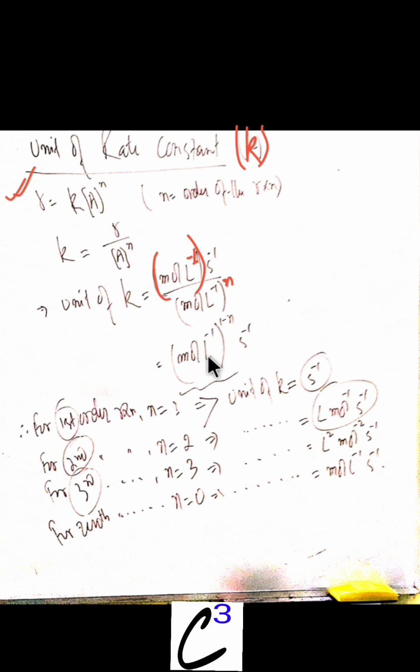So this is equal to (mole per liter)^(1 minus n) per second.